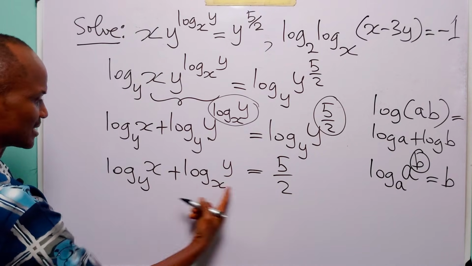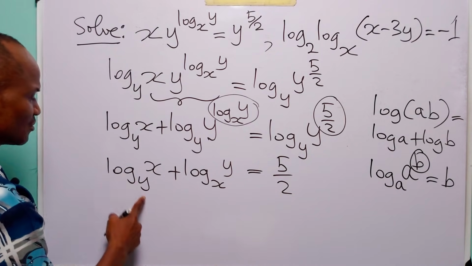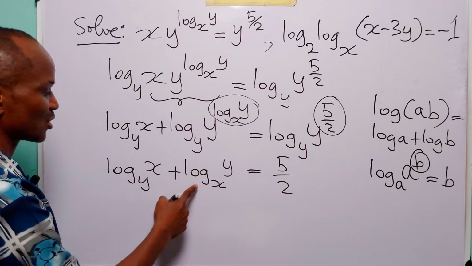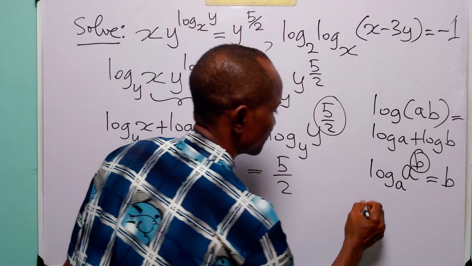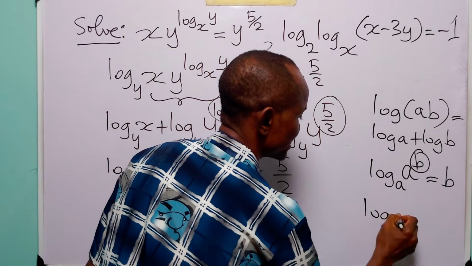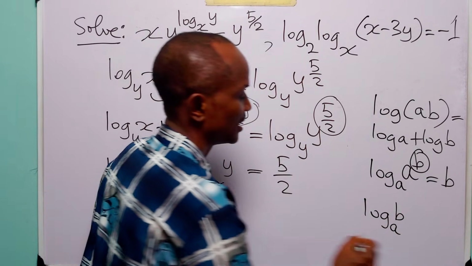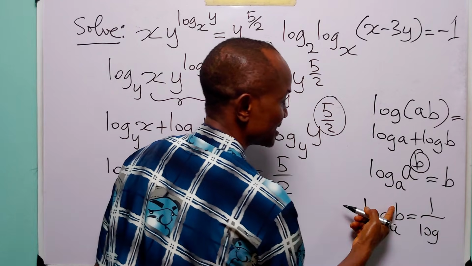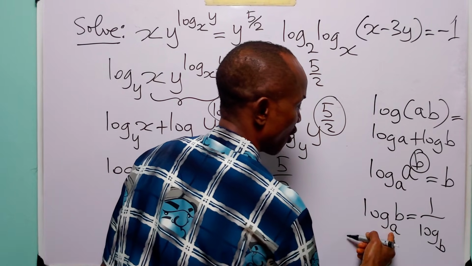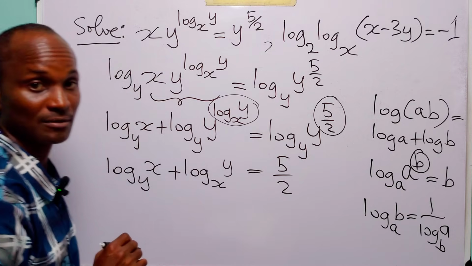Now look at this left hand side one more time. We have log to base y of x plus log to base x of y. Now remember that log to base a of b is equal to 1 over log to base b of a.